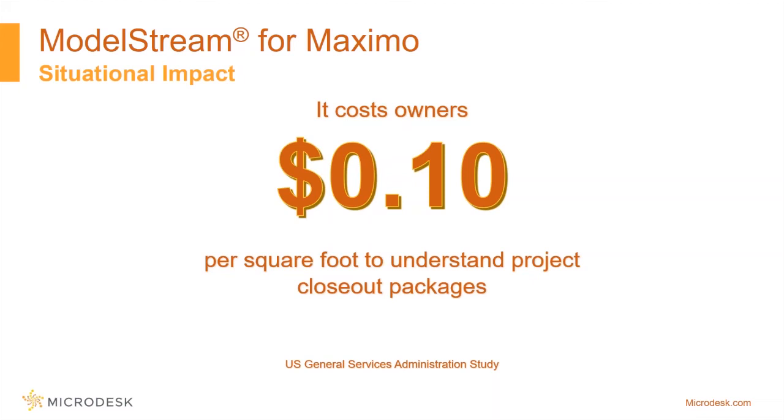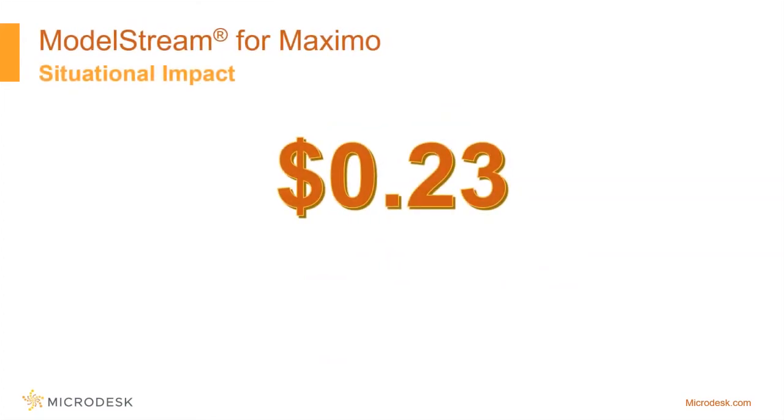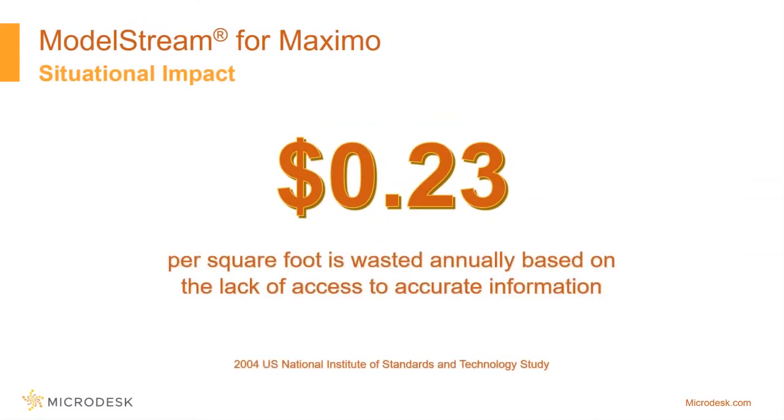Again, going back to that 18-month timeline, the facility operators are sort of backing into what those closeout packages were. So they're spending about 10 cents a square foot to do that. 23 cents a square foot is what is wasted on an annual basis. This is a key thing here. It's an annual number that organizations spend looking for information.